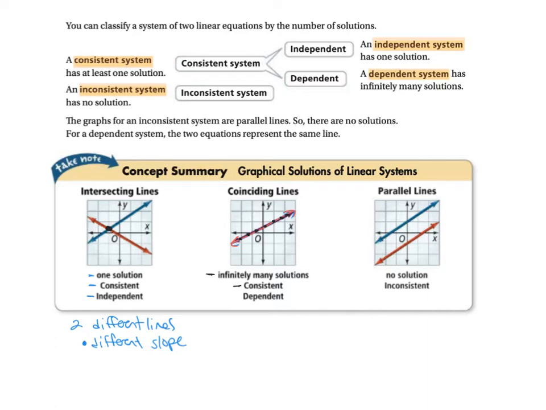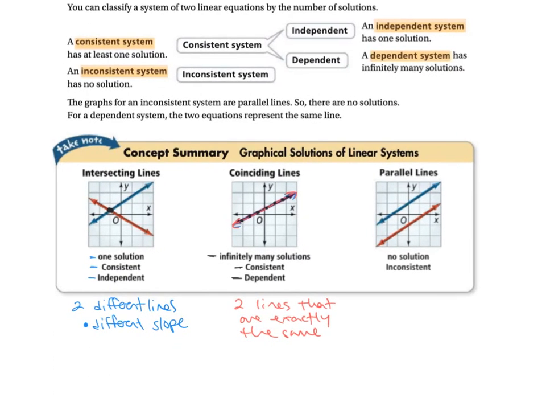And we call that dependent because it has infinitely many solutions. So in the case with coincident lines, you have two lines that are exactly the same, so they're going to have the same slope and also the same y-intercept.